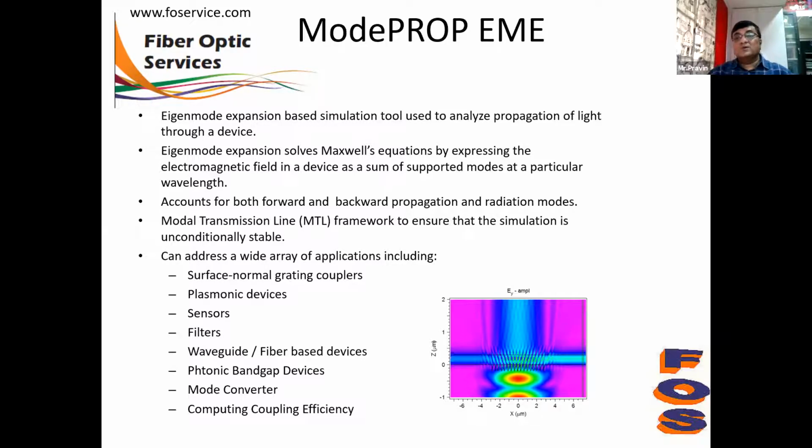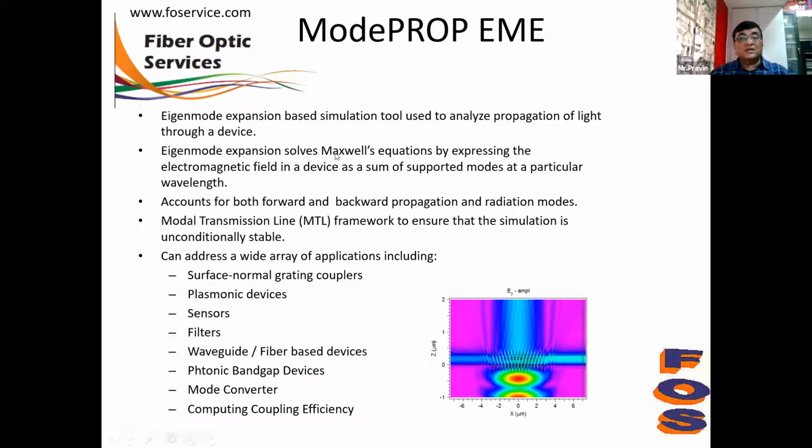You want to have the time dependent information for the structure, and because of the size of the structure, you cannot use the FDTD. In that case, ModePROP can be used as a substitute tool to get the time dependent field information.